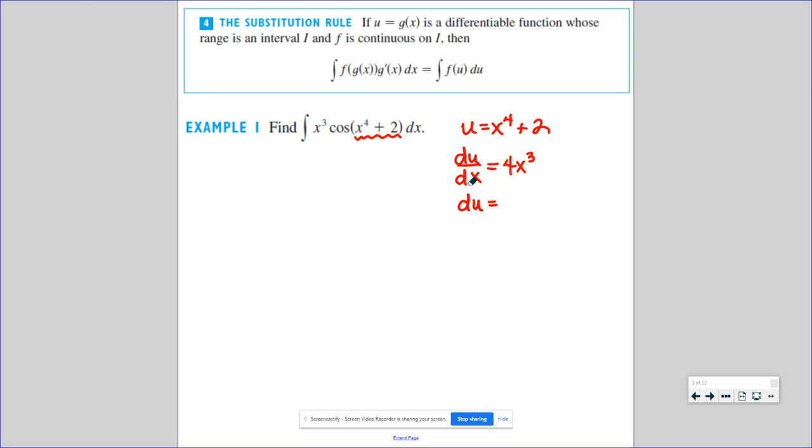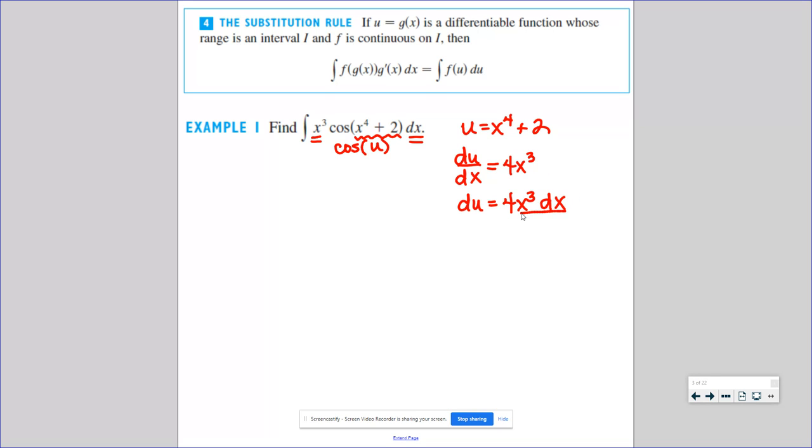Then we're going to work with some algebra. So we're going to multiply by dx to make this 4x to the third dx. Okay, go up to your integral and look at what you need to substitute. Remember, your goal is to make everything in terms of u. So as of right now, you have cos of u, which is all good, but we need x to the third and dx to be replaced with something else.